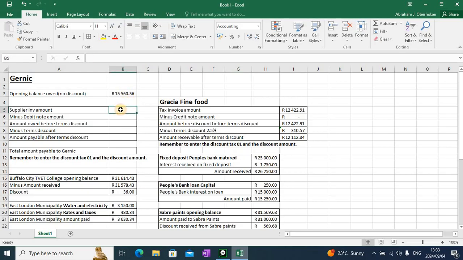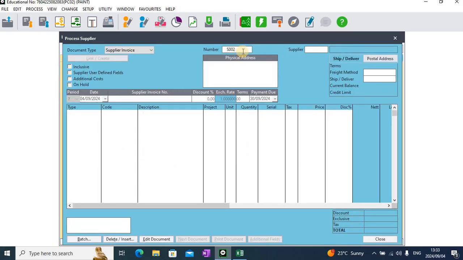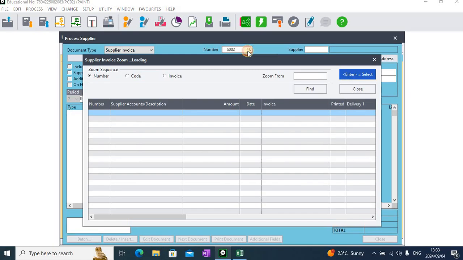So let's look at the supplier invoice amount for Jernick. We can go and check. I'm going to click on supplier invoice, click on my list.